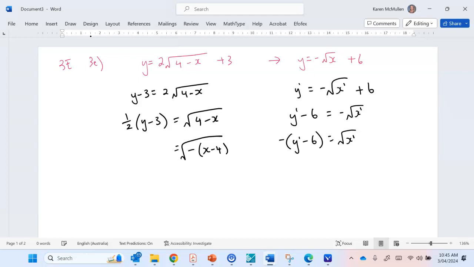All right, so the x is easy to see. And I might do the y over here. All right, so just getting y dash on its own.